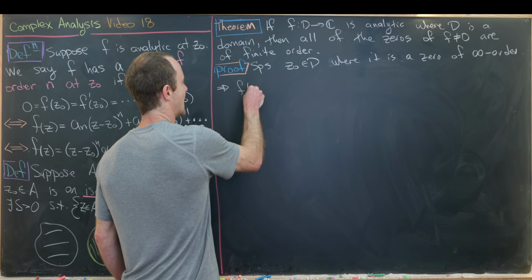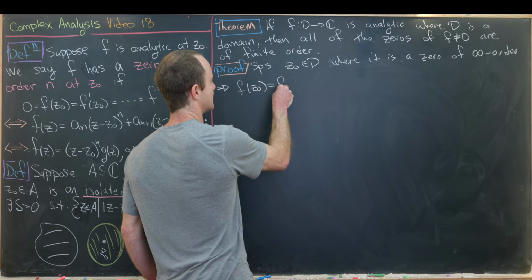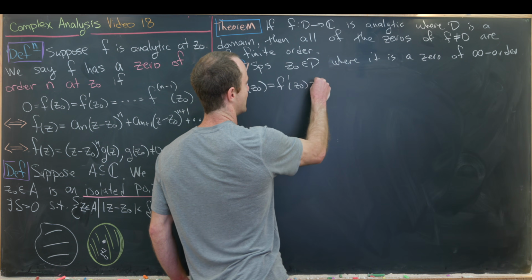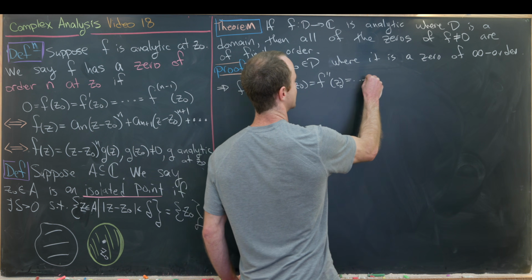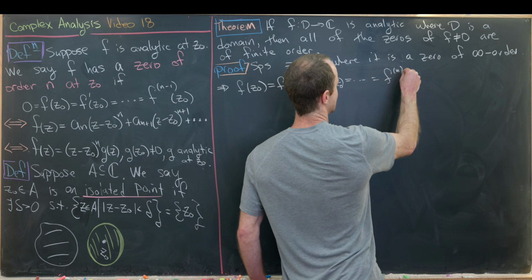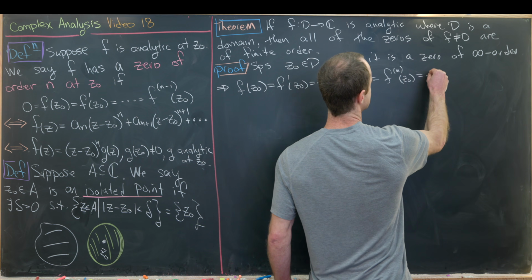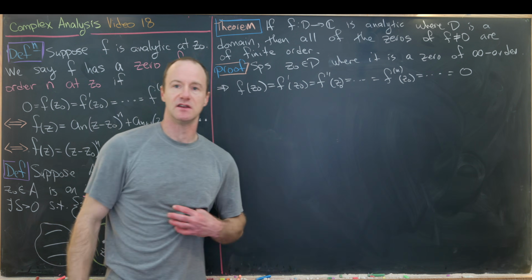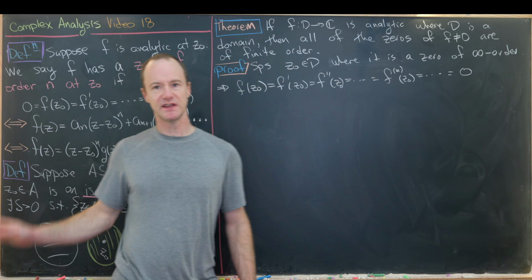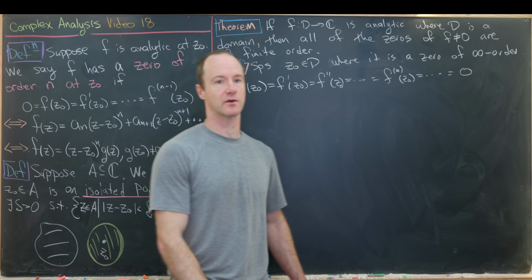That means that f evaluated at z0 is the same as f prime evaluated at z0, which is the same as f double prime evaluated at z0, which is the same as the nth derivative evaluated at z0. In fact, all of the derivatives evaluated at z0 are equal to 0. That's just based off of this definition over here.